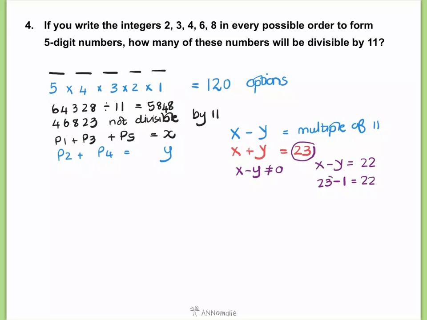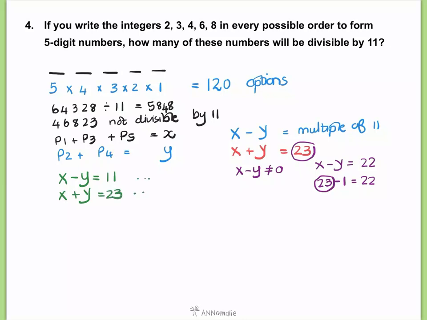But that's not possible because the sum of our digits won't allow for us to find 22. So the only option is x minus y must equal 11, and we know x plus y is equal to 23.